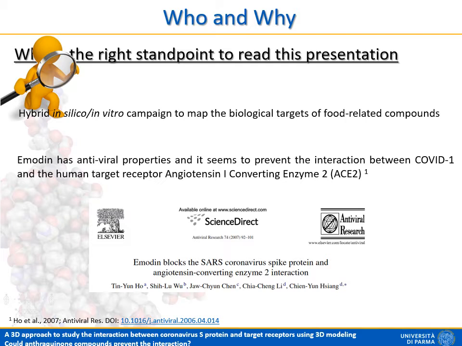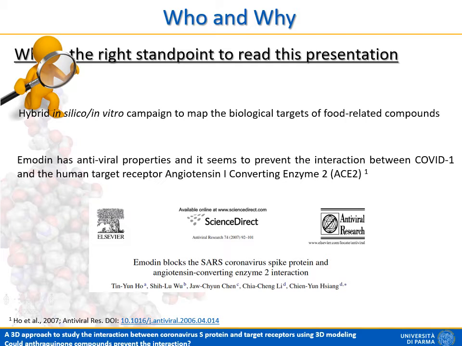In our analysis portfolio, we have also defined a target fishing approach. That's a hybrid computational experimental way to identify theoretically all the possible biological targets of a given molecule. And in the process of analysis of Emodin, the antiviral properties popped out.